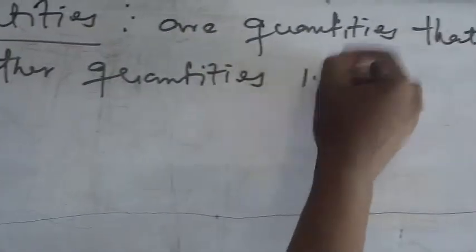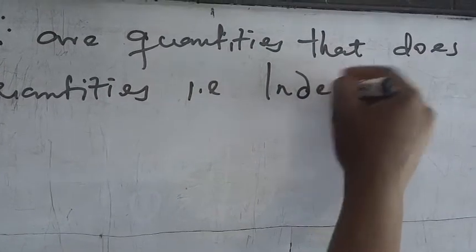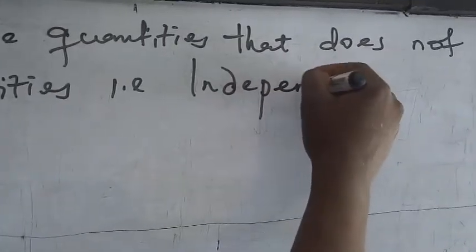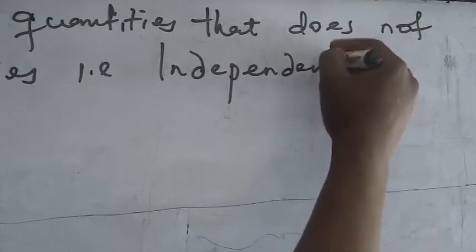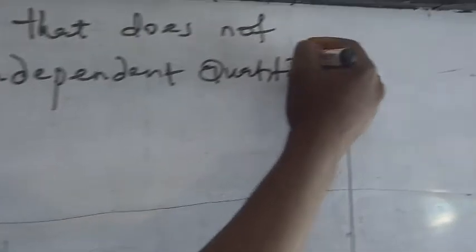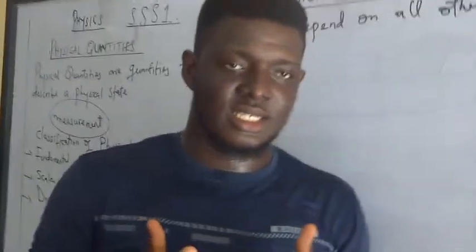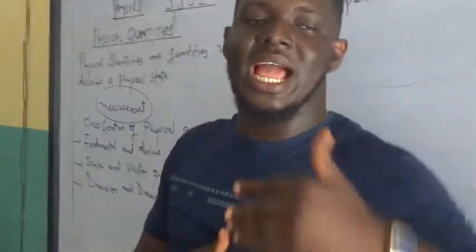That is, they are called independent quantities. Fundamental quantities are independent quantities. They don't depend on all other quantities to exist.